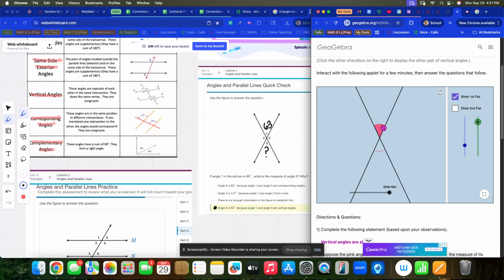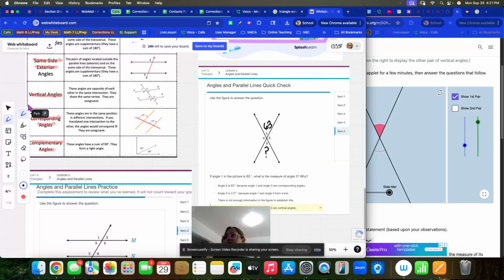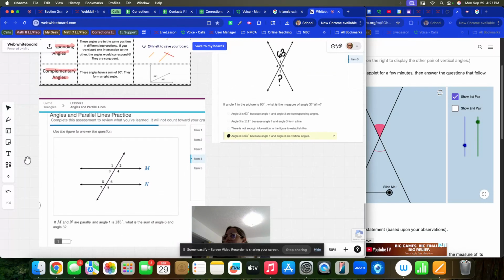Okay, so if angle 1 is 63 degrees, that means angle 3 is also going to be 63 degrees. They are vertical angles. So that's that question.